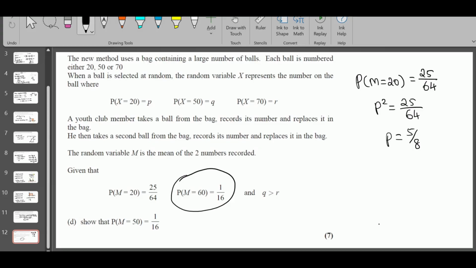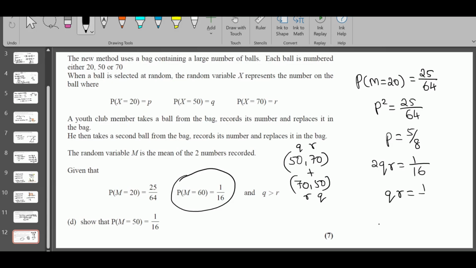He's taking 2 balls. It can be 50-70 or 70-50, right? So this probability is QR, this one is RQ. When you add them, 2QR is 1 over 16, so QR is 1 over 32 when you divide by 2.